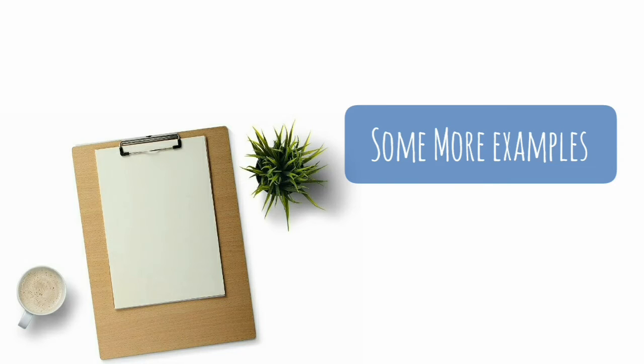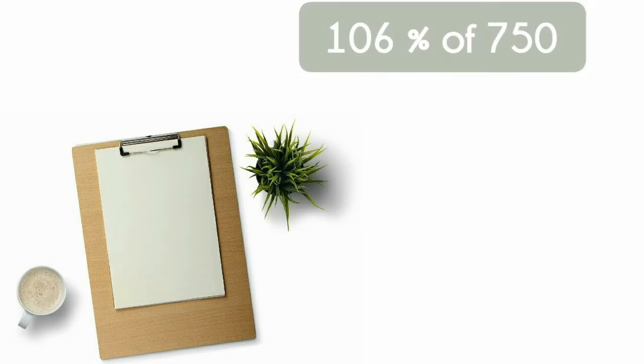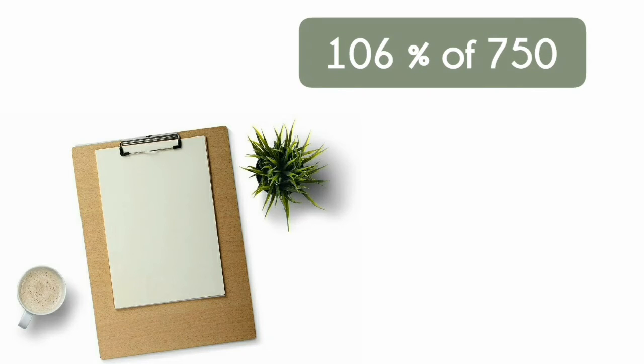Let's take some more examples. In this we have to find the 106% of 750, and in this the 750 is the 100%, and we have to add the 6% of 750. 1% is 7.5.